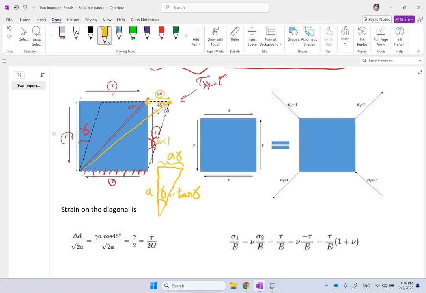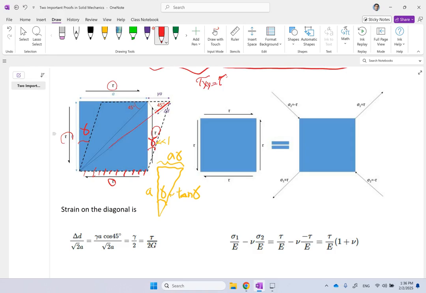Now, there is another triangle up here. If you look at this triangle, this dimension from here to here is actually the difference between the final length of the diagonal minus the initial length.